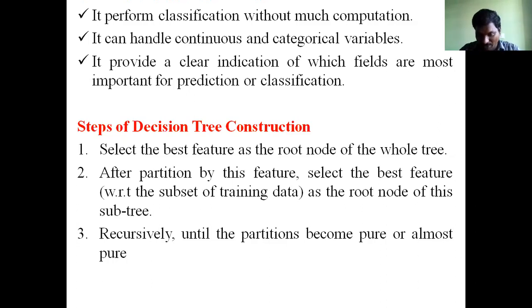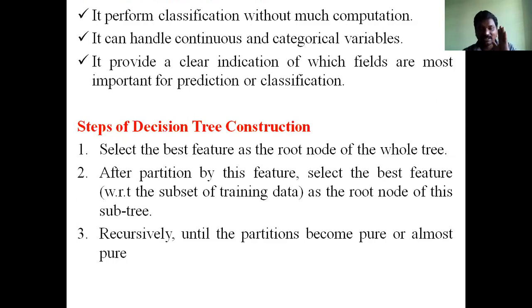For the subtree, it is the root node, but for the entire tree, you call it the internal node. Then repeat recursively until the partition becomes pure or almost pure, until finding the leaf node, the class label. That is the step-by-step process for decision tree construction.